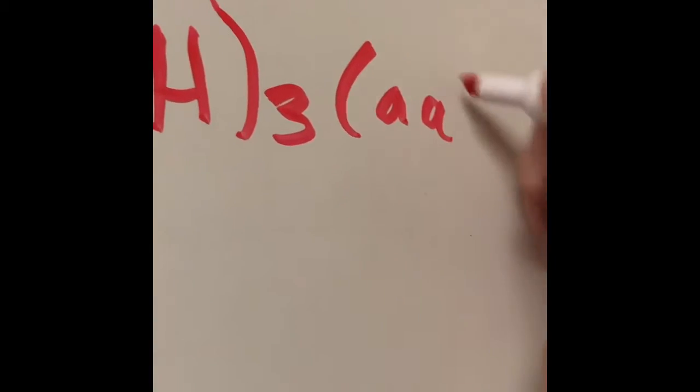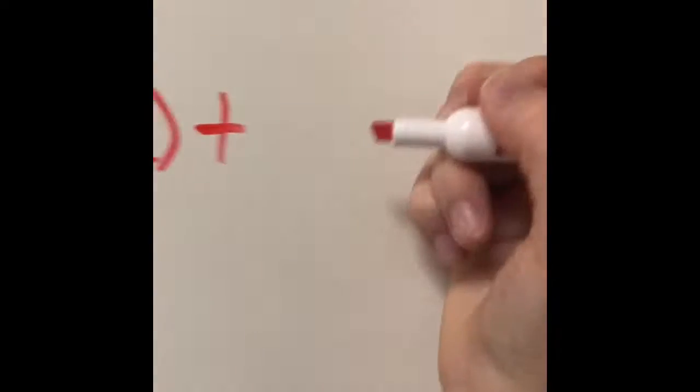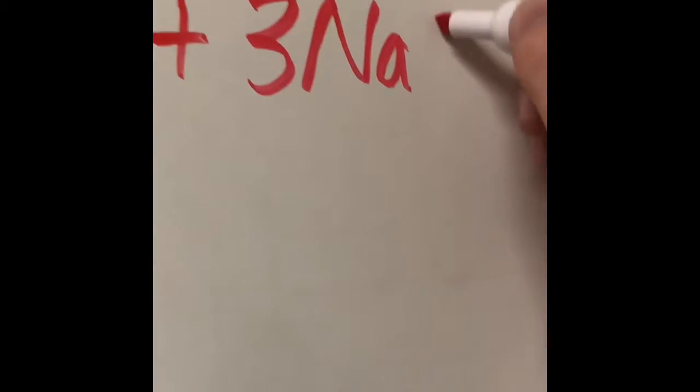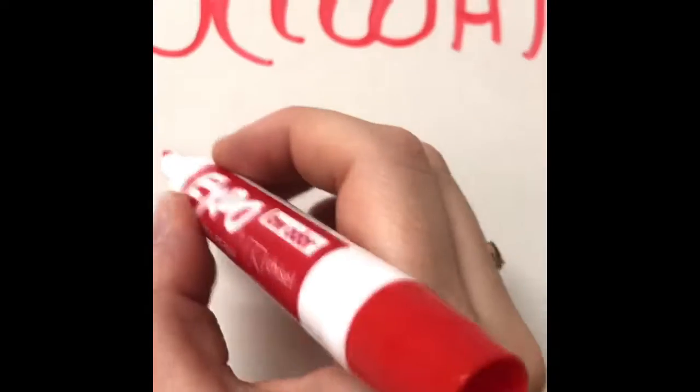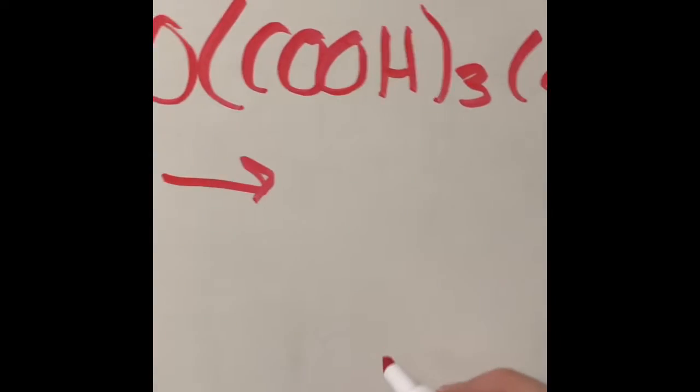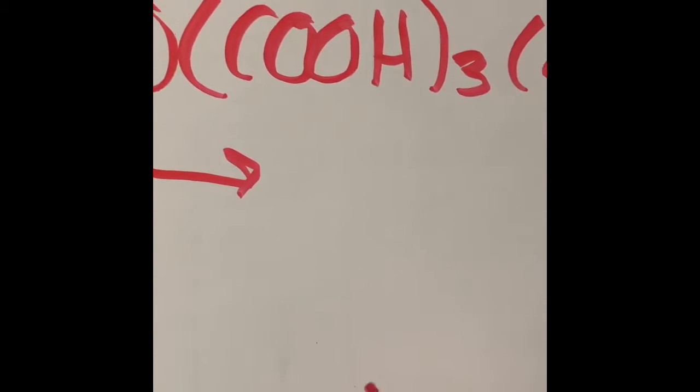Citric acid, which is C3H5O(COOH)3 and aqueous, reacted with sodium hydroxide, which is 3NaOH, and that is also aqueous. Those two substances reacted to form sodium citrate and water.